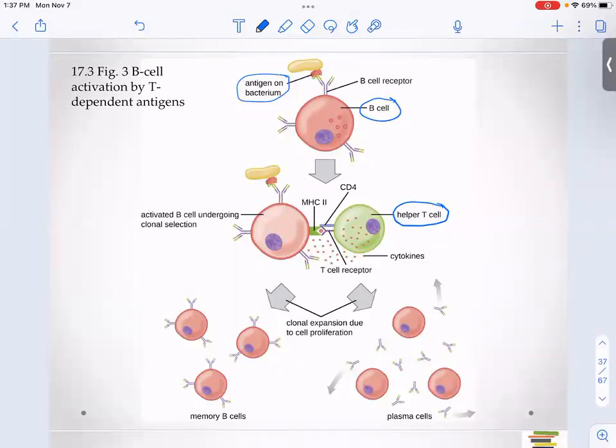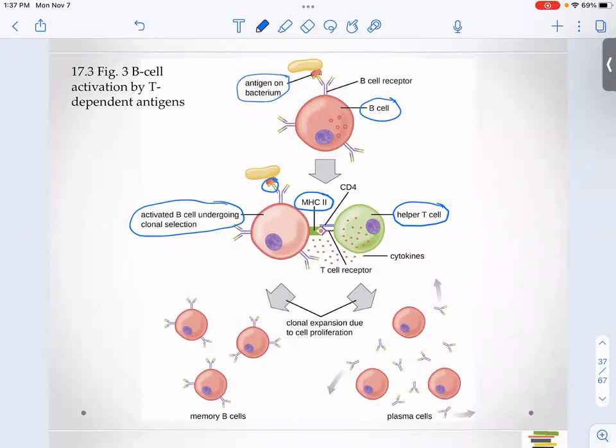This graphic leaves out that step. But when a B cell encounters this antigen, it has a way to take in some of that antigen and present some of it by MHC class 2. We won't go into the mechanism of how that happens, just that B cells also present with MHC class 2.